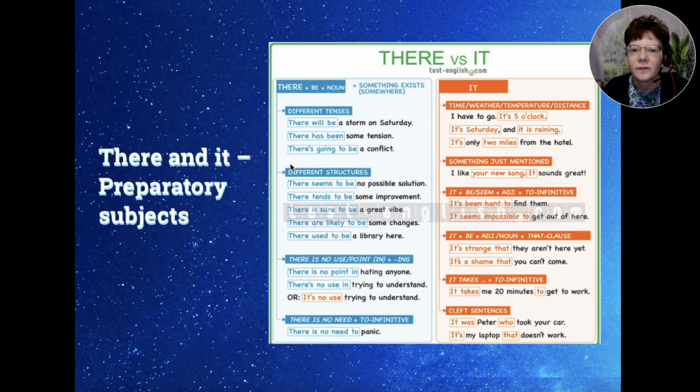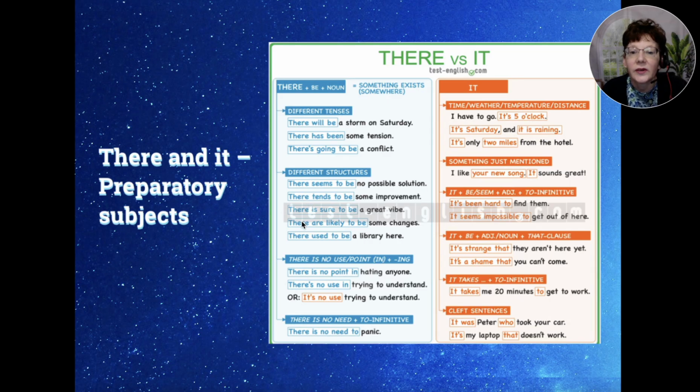For example, there will be a storm on Saturday. So that's future simple. There has been some tension, so present perfect here, or there's going to be a conflict, another future form here.